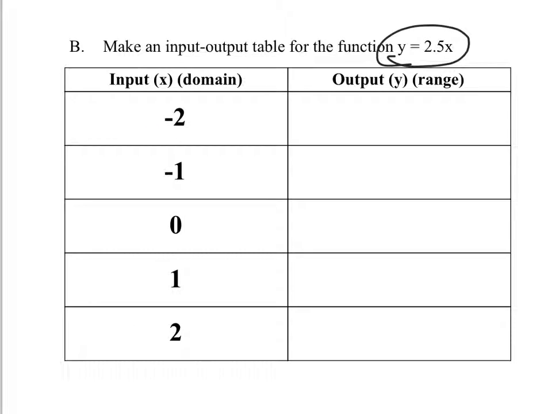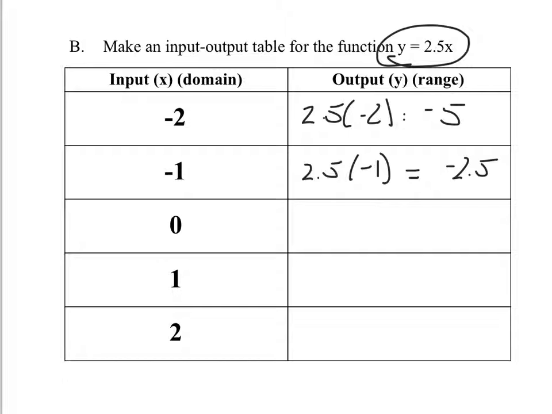So the first one would be 2.5 times negative 2, which is negative 5. The second's 2.5 times negative 1, which is equal to negative 2.5. Next is 2.5 times 0. That one's easy. That's 0.